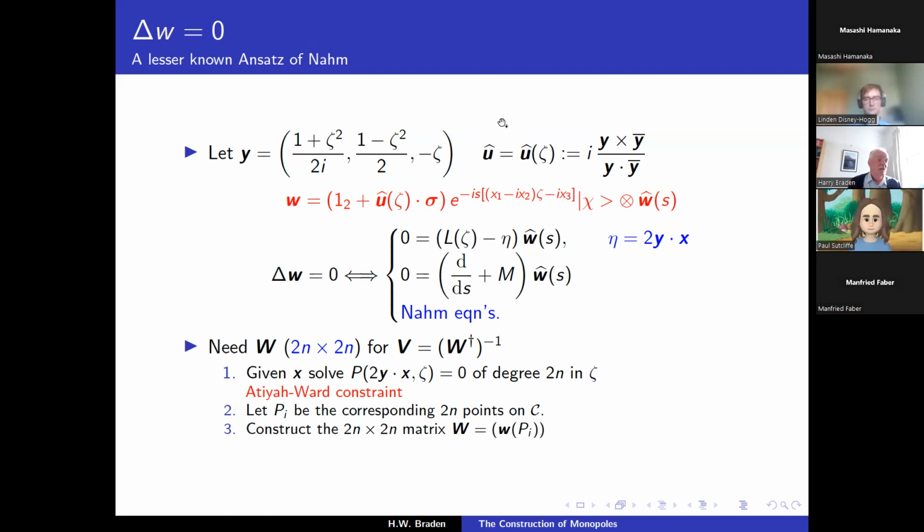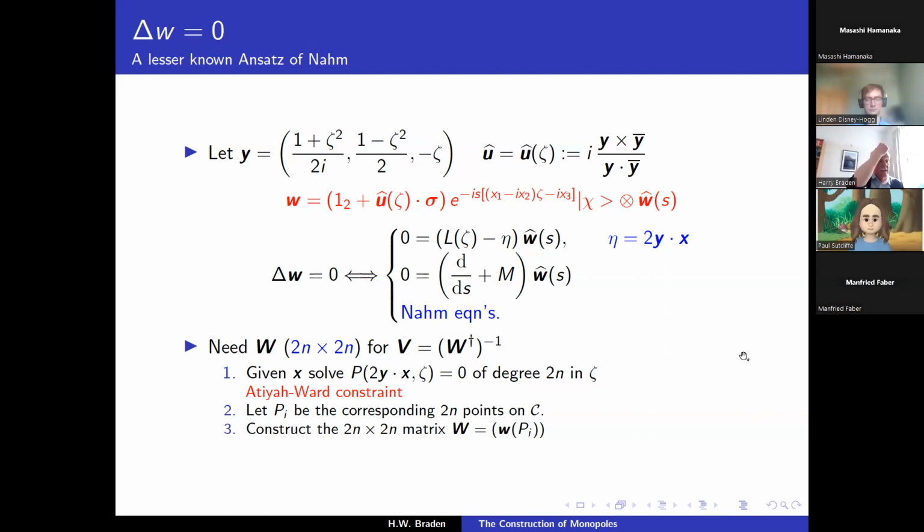From that, you can construct an orthonormal basis of R^3 in terms of its real and imaginary parts and this vector U hat. I'm just going to pull out of the air a vector of this form. So U hat is this direction I've told you about, and chi here is some normalizable spinor that's not in the kernel of this operator here.